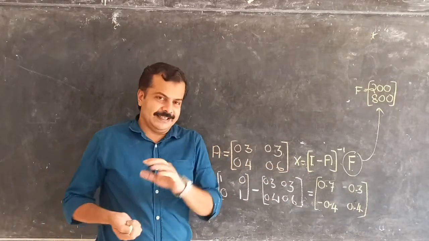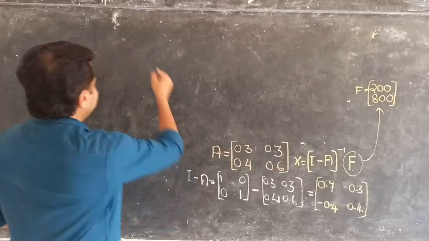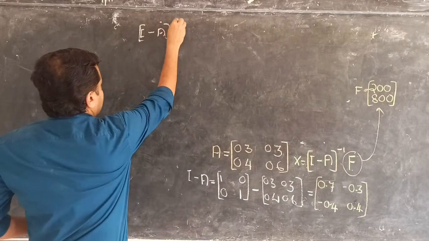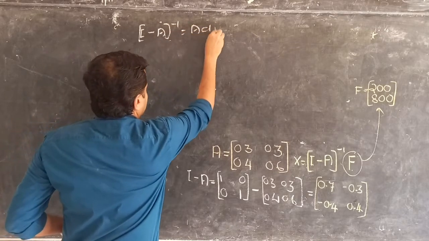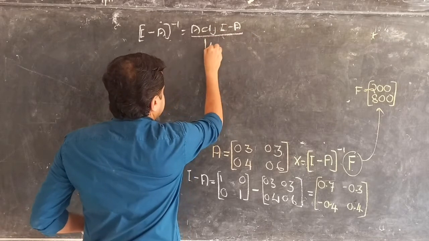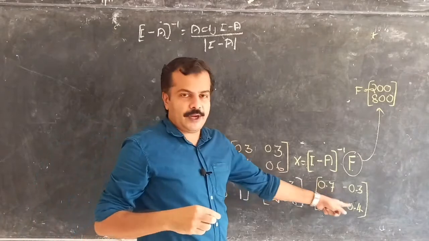From our earlier session on the calculation of inverse, we know that (I minus A) inverse is nothing but the adjoint of I minus A divided by the determinant of I minus A.